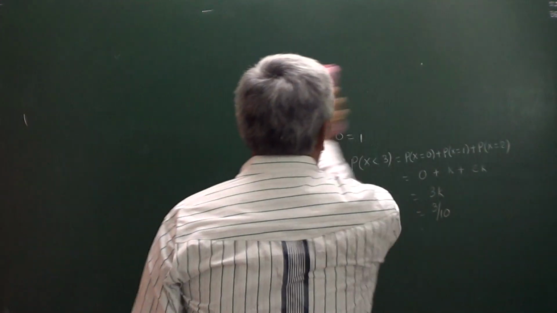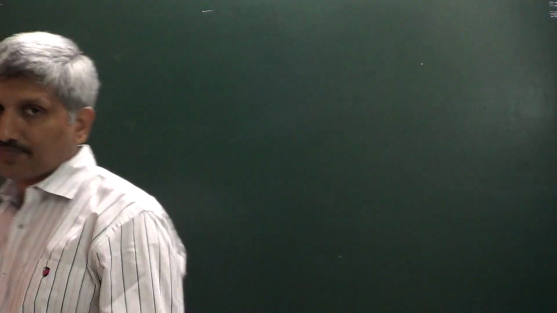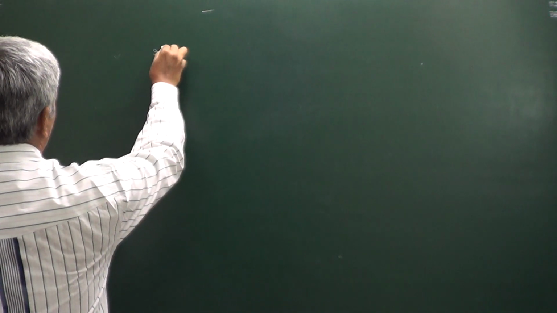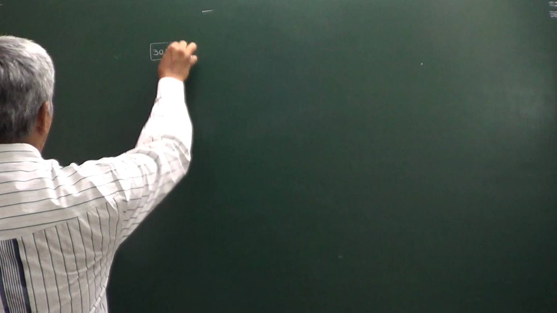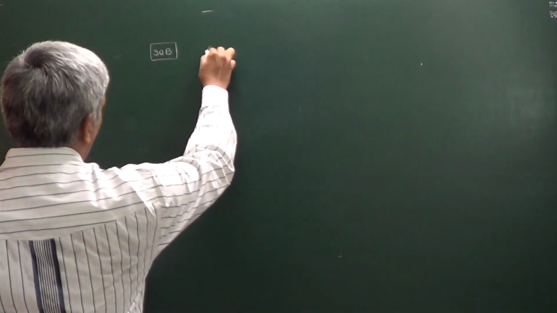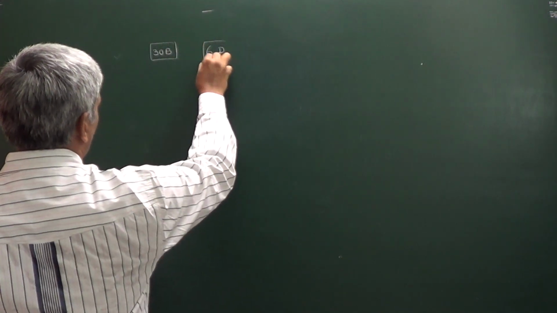Just observe, here is one more question I am discussing. The question is given like this: from a lot of 30 bulbs, 6 bulbs are defective.